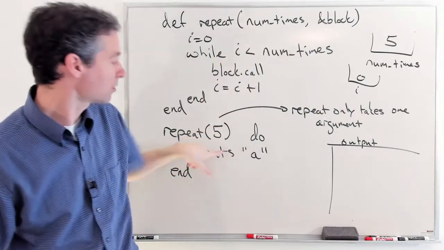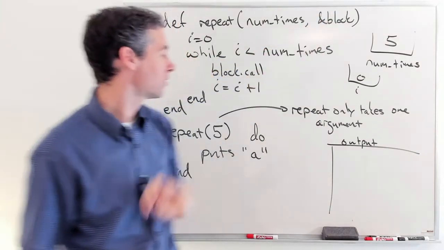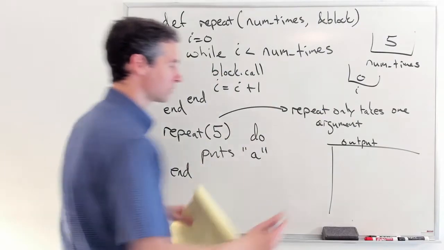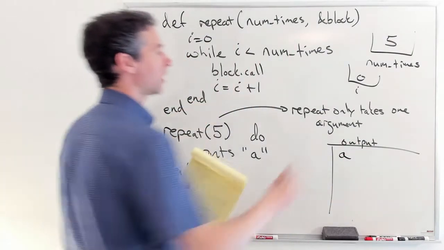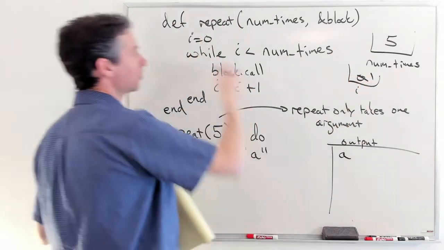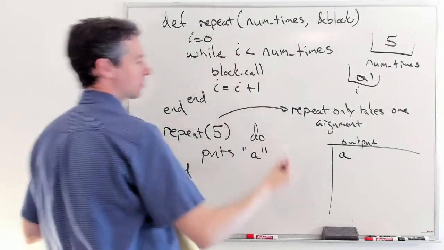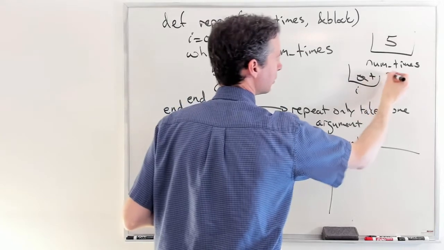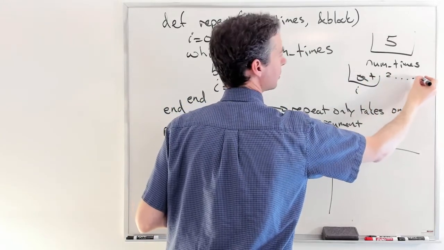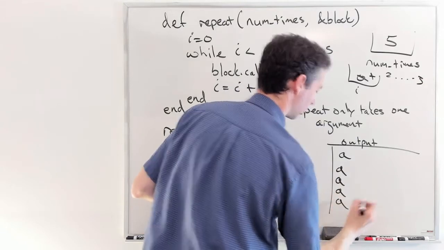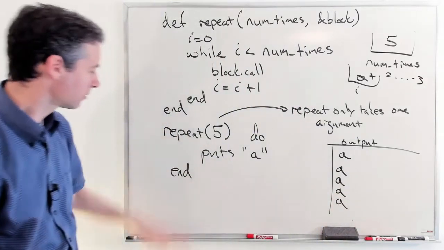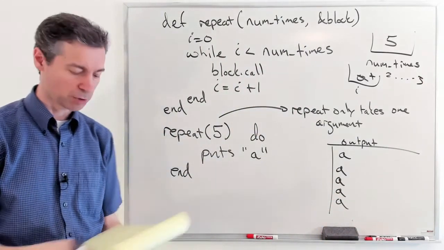Well, this is the block that's gone to there. So this code runs and we output the letter A. Then I is equal to I plus 1 becomes 1. We go back, we check, it's less, so we call. So this continues on, 2 all the way up till it's 5. But we get 5 A's written out. Okay, and then we continue on with our program.